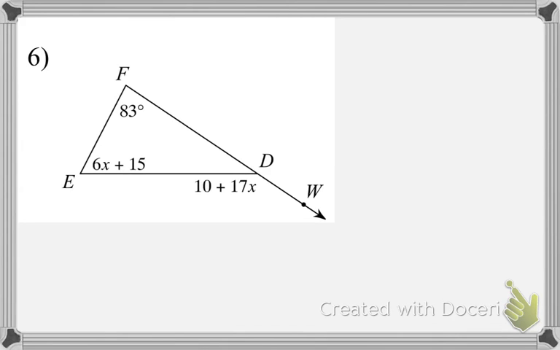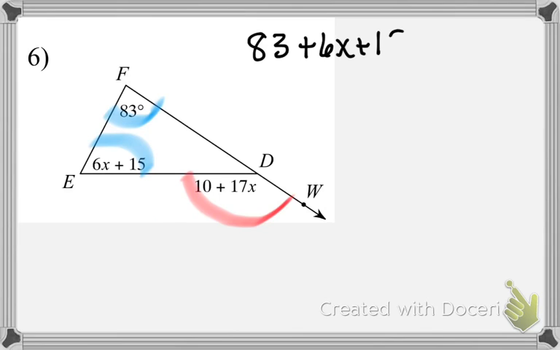All right. Number 6 is going to be the same setup here. So I'm going to do this one, and then I'll jump to number 9, where you guys had more questions. So same thing. We have our exterior angle. And then that's going to be set equal to the 2 interior angles here, which is our blue. So here we have the 83 plus the 6x plus 15 is equal to the 10 plus 17x.